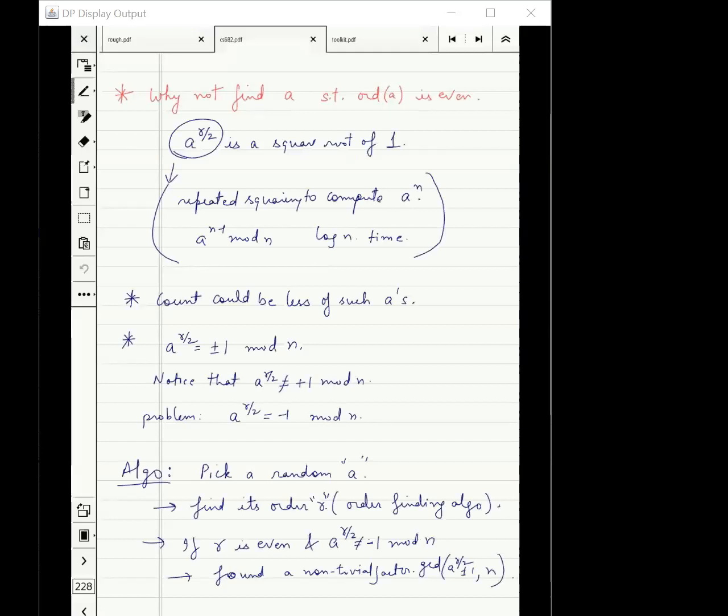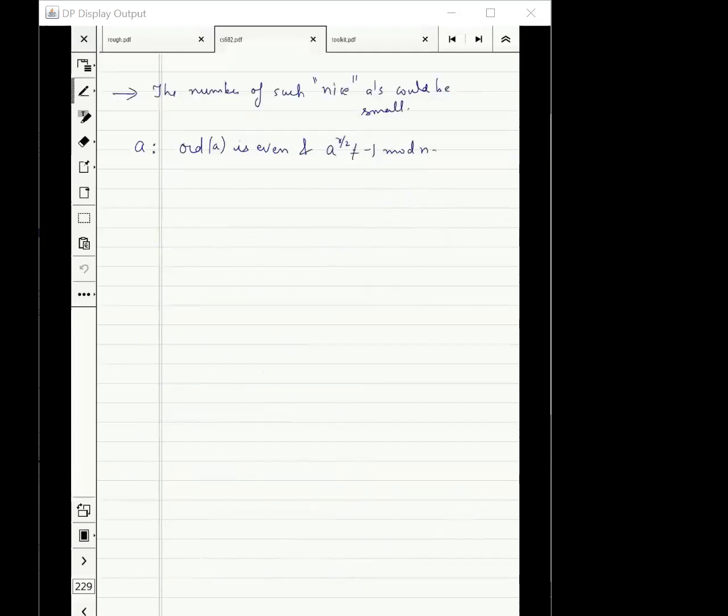Okay, let me ask you a trick question. There is actually one more thing which we need to explain to complete our proof, obviously, except showing the main lemma: the number of nice A's is big. Once I show that the number of nice A's is pretty huge, then I am done.